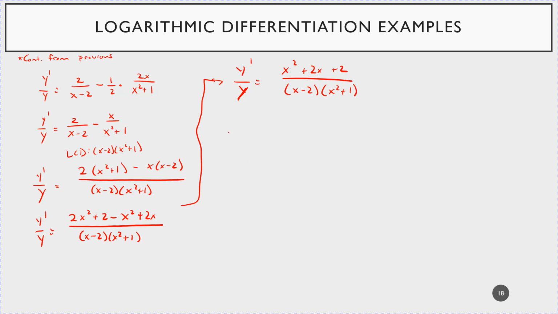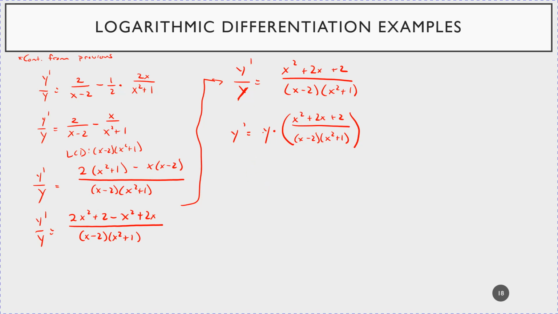Now I'm going to multiply the y over. So y prime is equal to y times this (x squared plus 2x plus 2) all divided by (x minus 2) times (x squared plus 1).